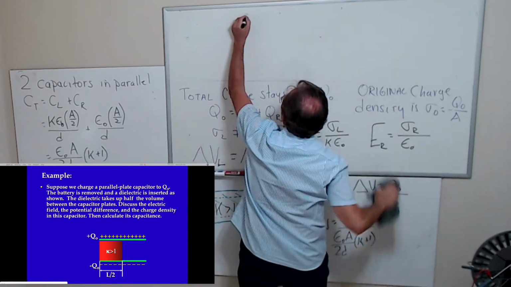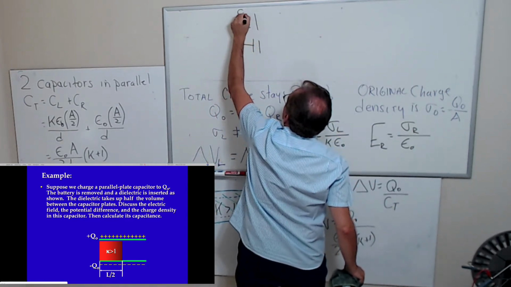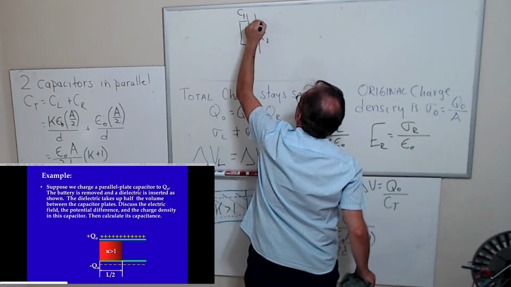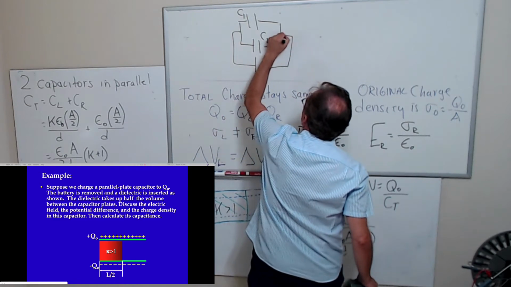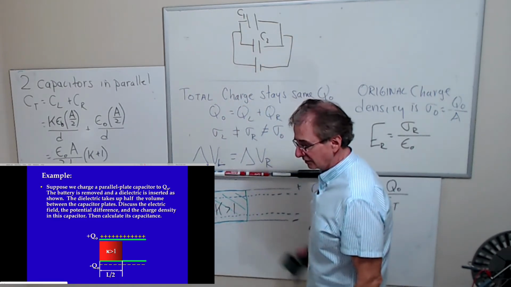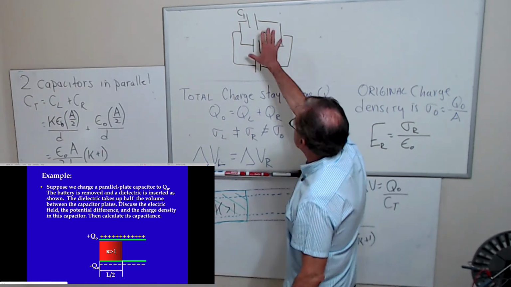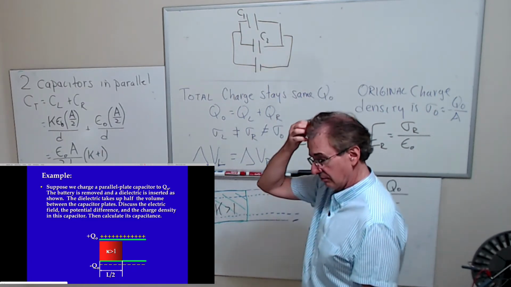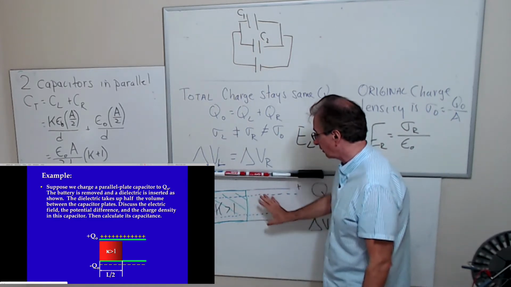If I have two capacitors in parallel, isn't the equivalent capacitance just C1 plus C2? Don't they both have the same potential difference across them? The same thing here. I have two that are in parallel.